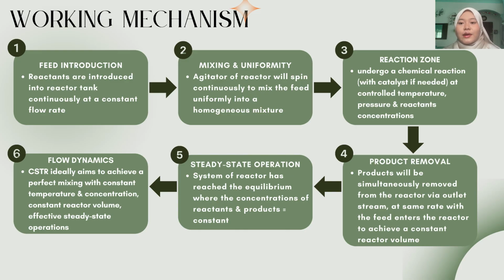And after that, the product will be removed from the reactor via the outlet stream at the same rate as the feed enters the reactor tank. So basically, they will achieve a constant reactor volume. Afterwards, at the steady state operation, the system will be assumed to have reached equilibrium where the concentrations of reactants and products are constant.